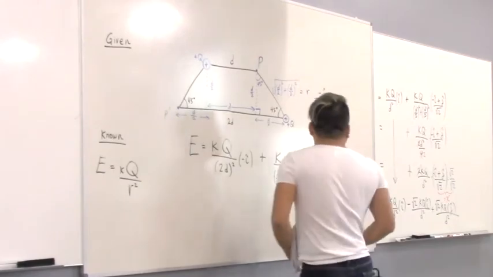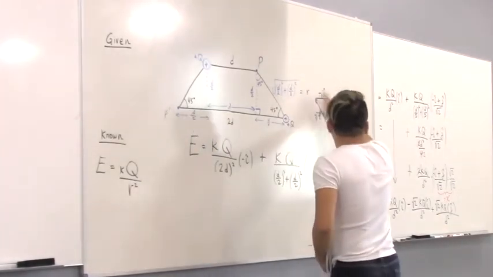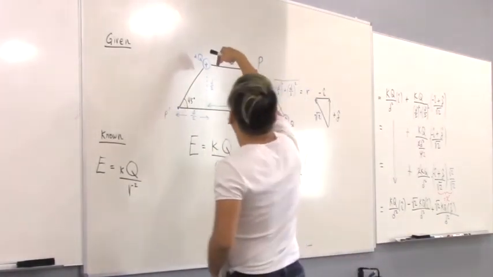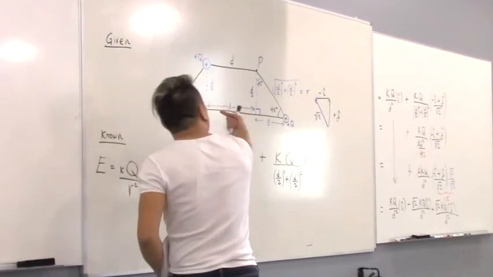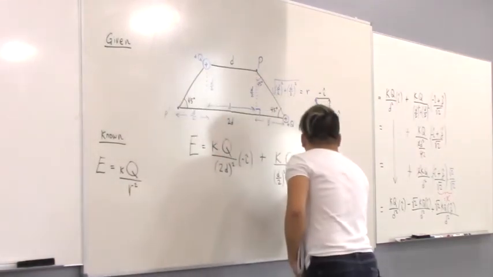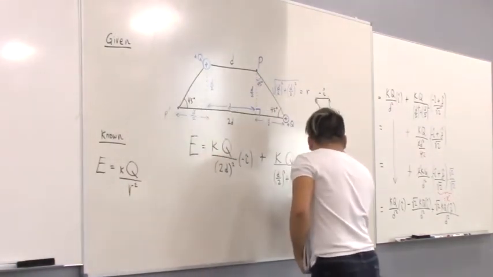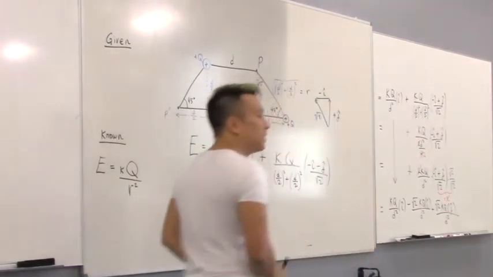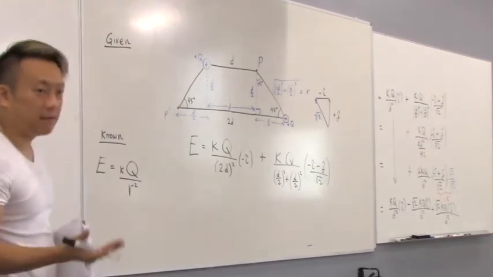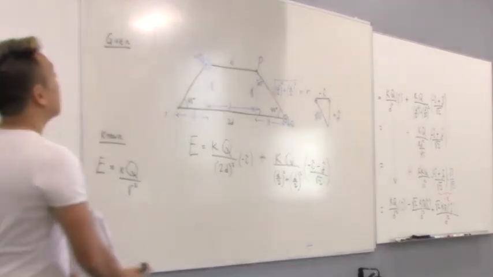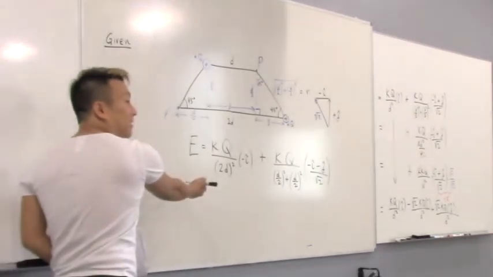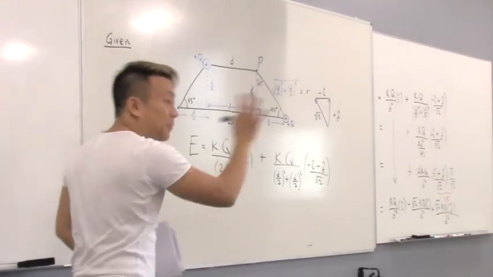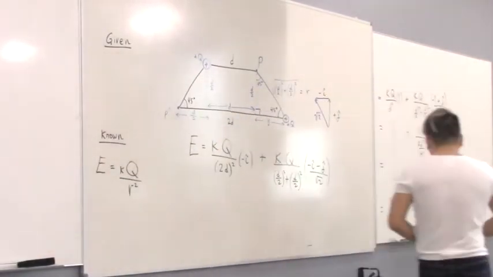But now, the vector is a different one. It's pointing down and to the left. So, it's minus i minus j over root 2. Essentially, that is done, right? Now, let's simplify this. I'm going to do the simplification the same way. Let's try and do the simplification together, see if we get the same answer.